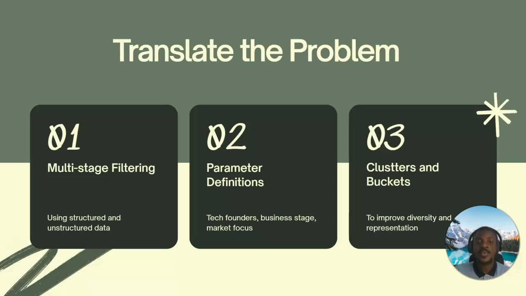The next thing we want to do is what we call parameter definitions. Now let's take a look at this. In selecting our first wider medium pool of 100, we need to place them into different categories. For example, I want to know what particular startup or what particular candidate is coming in. Is he an early stage candidate?